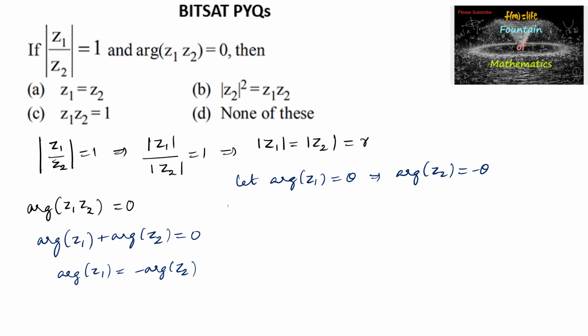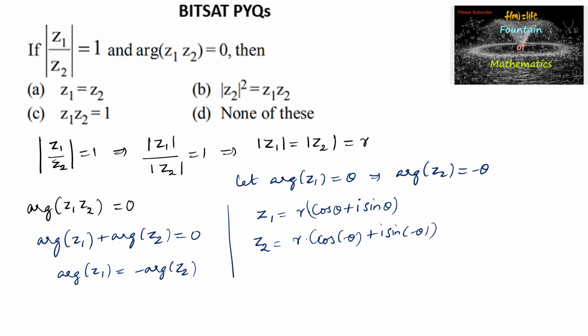So let us consider z1 is equal to r into cos theta plus i sin theta, and z2 can be taken as r into cos of negative theta plus i sin of negative theta, that is r of cos theta minus i sin theta.